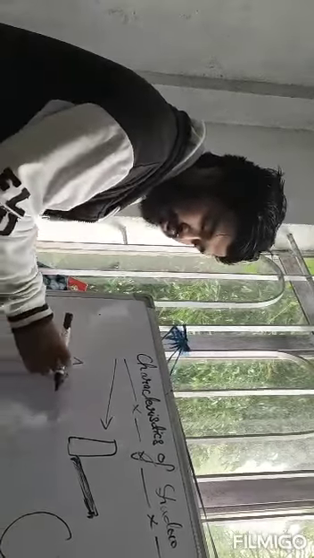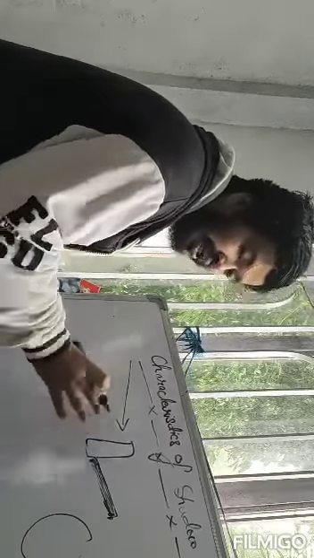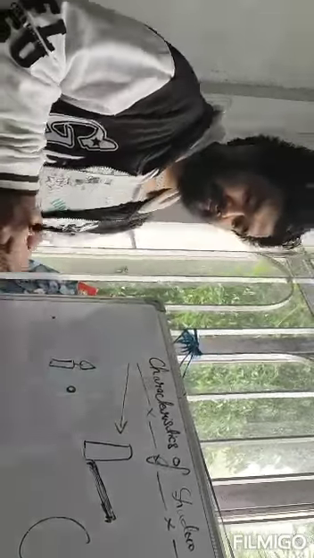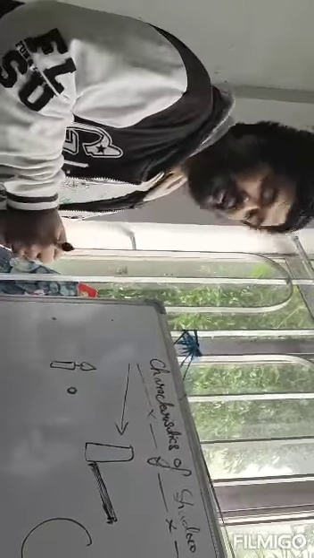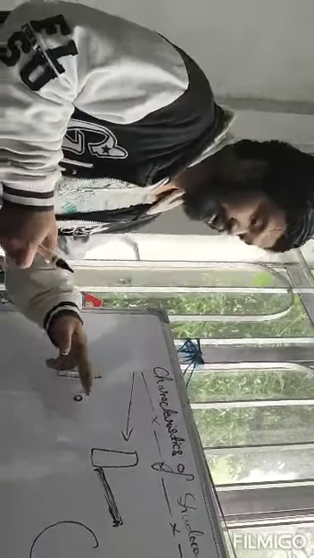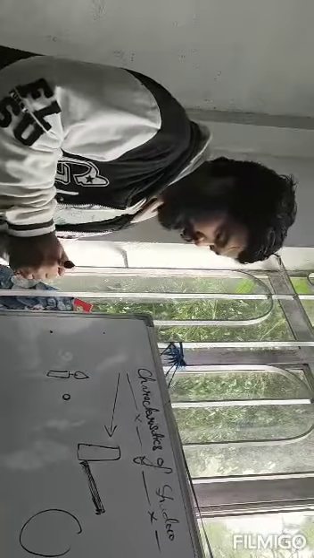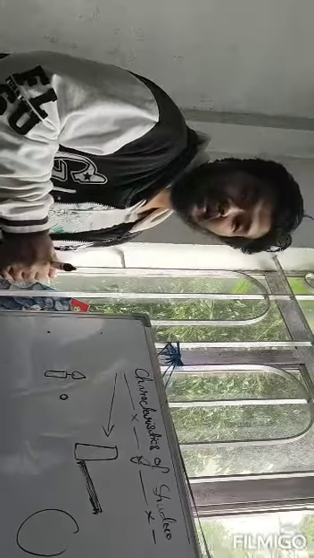And again, no matter which color the ball is, the shadow will always be black in color. With this, the characteristics of shadows are discussed.